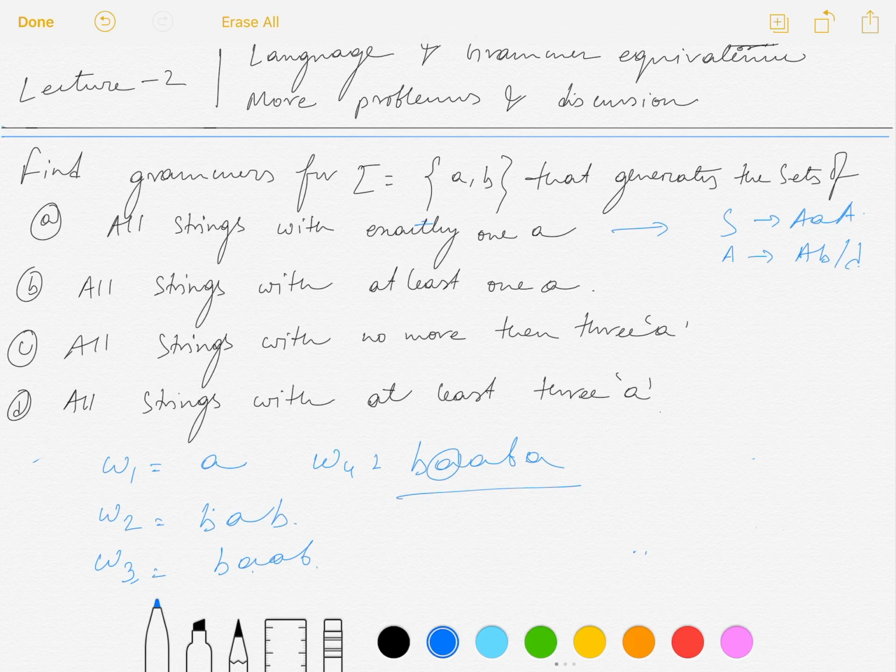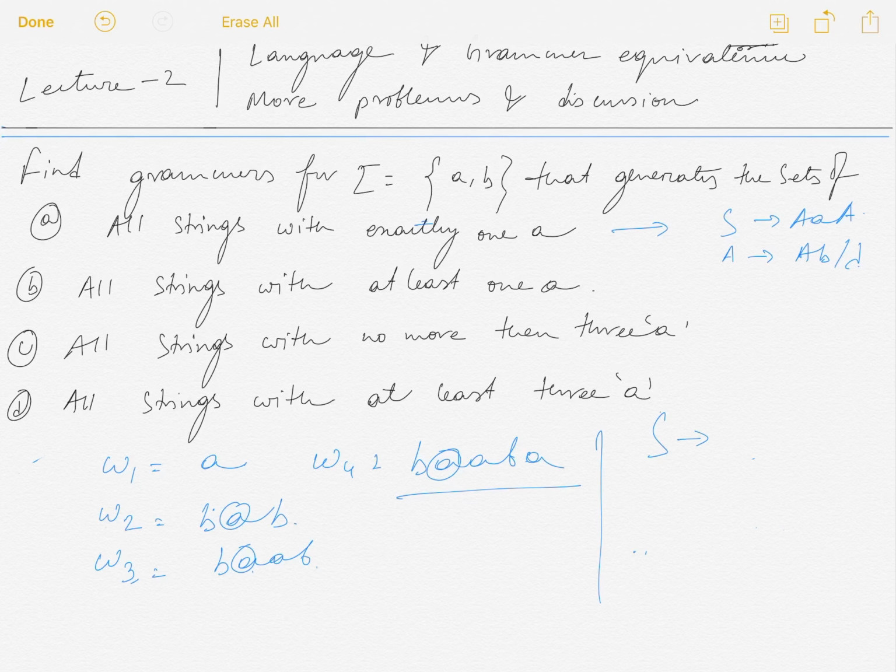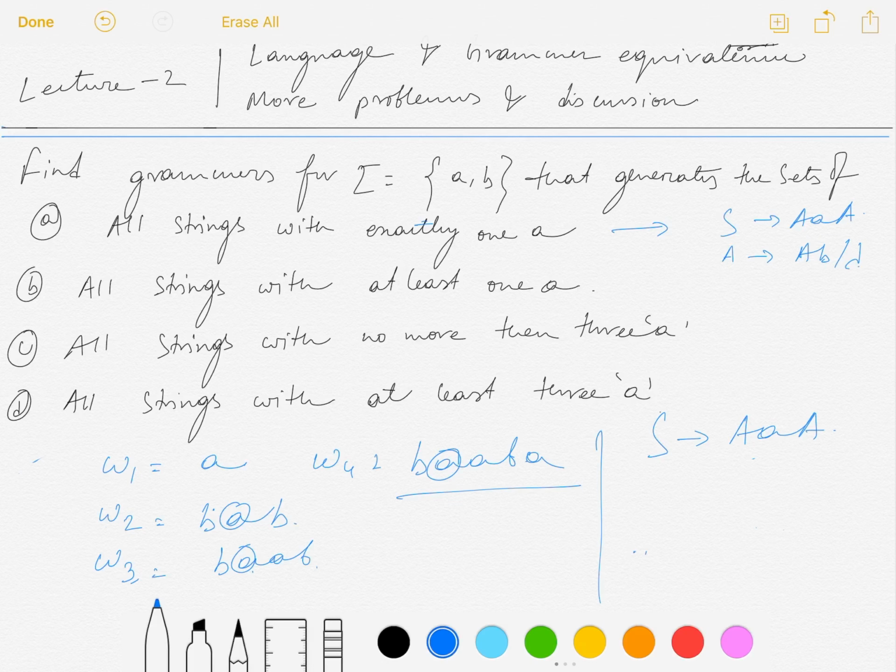It means that at least one A must be ensured. Now, how to do this? As there should be at least one A, S will be replaced by A, and after that this A will be replaced by A to AB or A to A slash lambda.